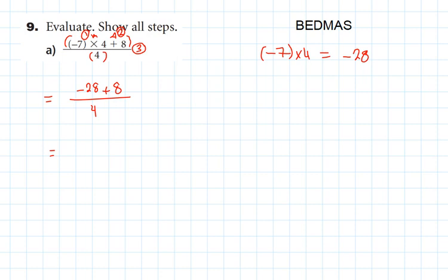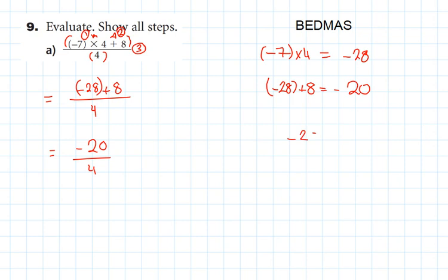So negative 28 plus 8, that would be our second step, the addition. That gives you negative 20. And your next step is negative 20 over 4. And finally, you do the division.